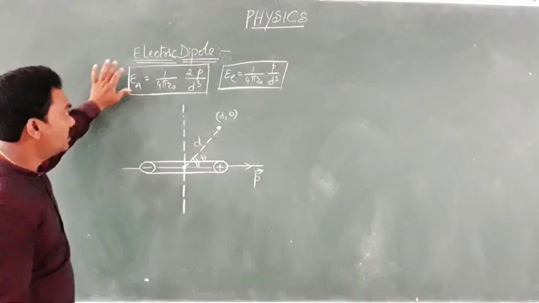So E2 is equal to 1 by 4 pi epsilon naught into P sin theta by d cube. Now the net field intensity will be the vector resultant of E1 bar and E2 bar. You can see both are perpendicular to each other, because these two are rectangular components.